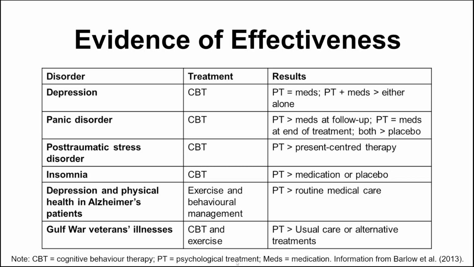PT just means psychological treatment. CBT is cognitive behavior therapy. Meds is our related medications. So here we're saying that when looking at depression, there are studies that found that psychological treatments and medications for the disorder were equally effective, but having both of them combined was more effective than either on their own.